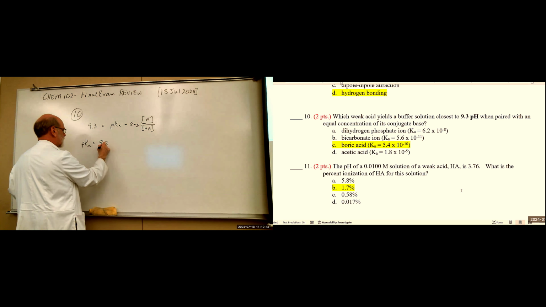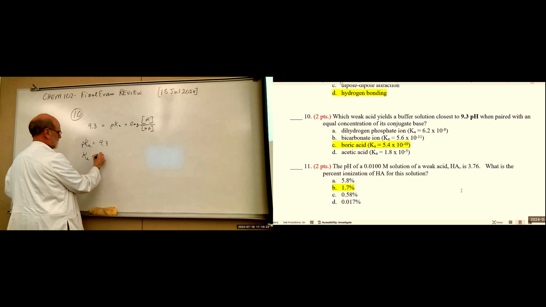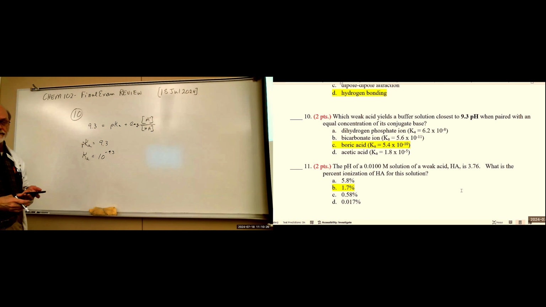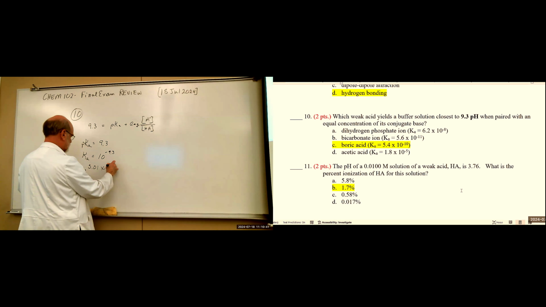So if that's equal to 9.3, then Ka is equal to what? 10 to the minus 9.3, right? Take 9.3, change the sign and then do 10 to the power. So I get 5.01 times 10 to the minus 10.